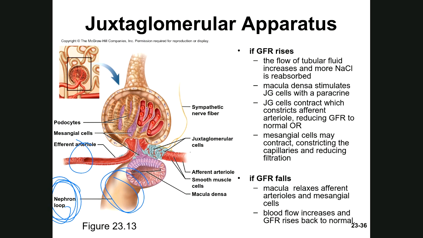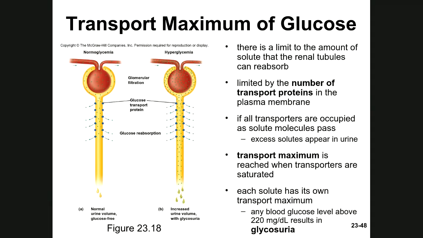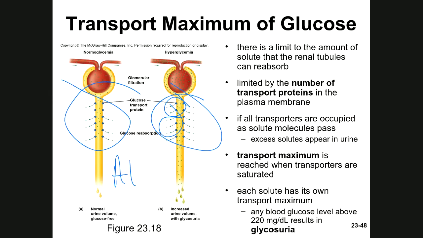It's very interesting that most of the transportation of the substance back to the blood from inside of the nephron, from inside of the loop, from inside of the PCT and DCT is because you have these tiny transporters that are amazing. They consume huge amounts of ATP.